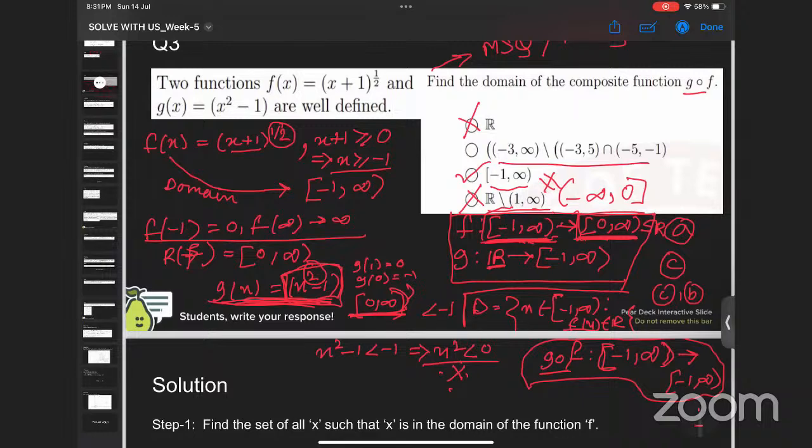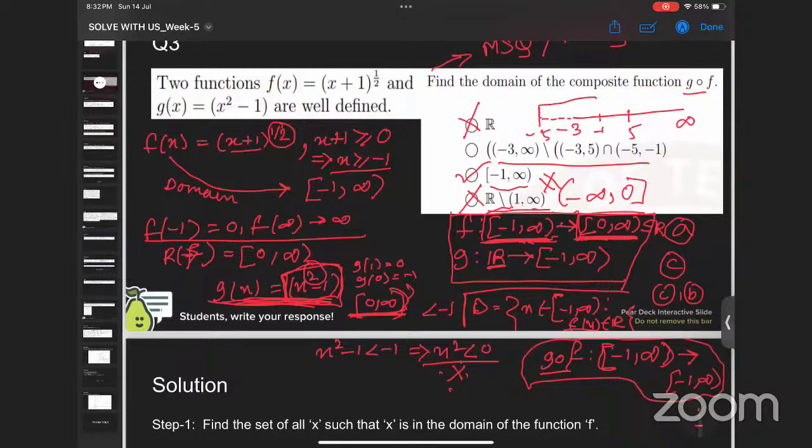And here, what about this option? We have minus 3 to infinity. Then we have 5 here, and we have minus 5, minus 1.